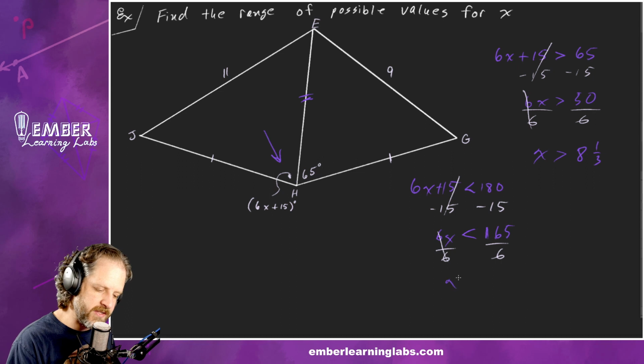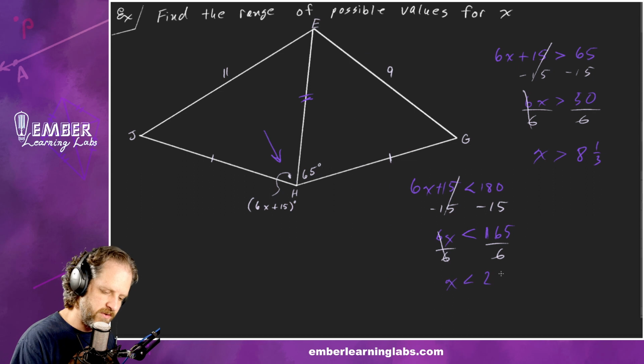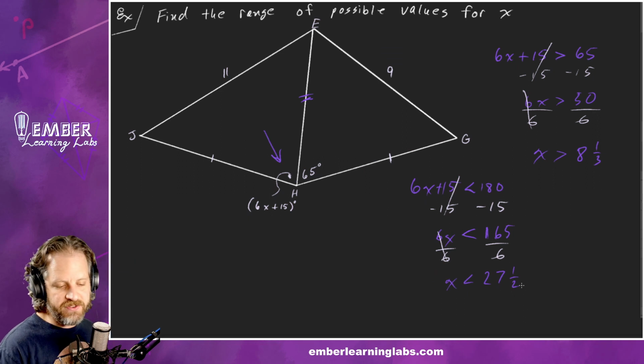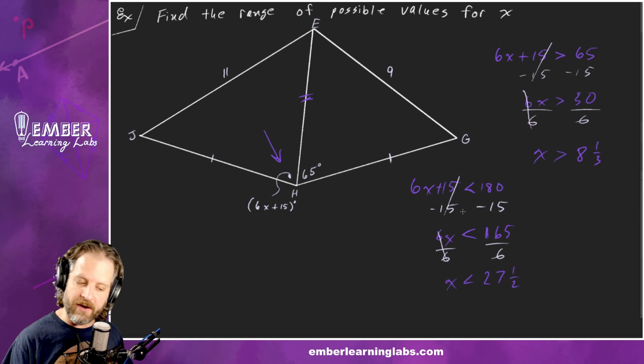So x has got to be less than 165 divided by 6, which is 27.5. 27.5. So all we have to do now is rewrite this mess into a compound inequality.